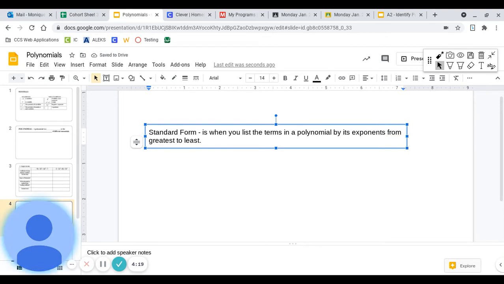Okay, so we're going to order the exponents and we're going to move the terms around so that the greatest exponent comes first. That term that has the greatest exponent comes first, and then it continues to descend or go down after that.